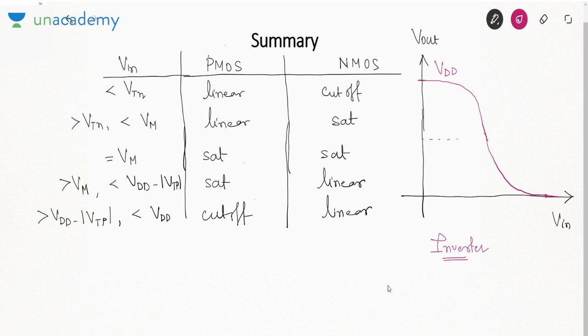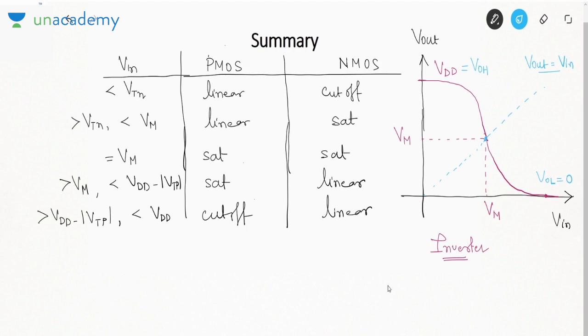When we talk about midpoint voltage, this is your midpoint voltage where input and output both are same. How do we find this voltage graphically? Input and output should be equal. So we draw a straight line, that is Vout equal to Vin, or you can say Y equal to X. Where it intersects, we will get the value of VM. This voltage is called VOH, output high voltage.